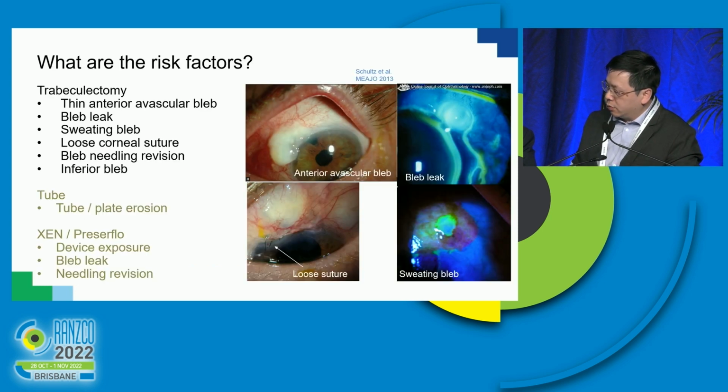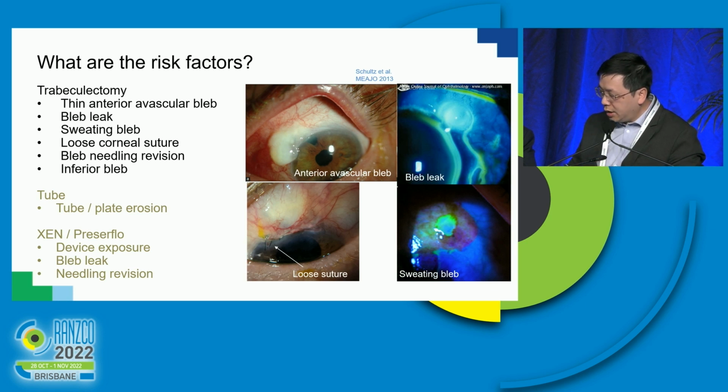What are the risk factors to look out for when you see a patient with previous glaucoma filtration surgery, that could be a potential risk for developing blebitis or endophthalmitis? They are very thin avascular blebs.